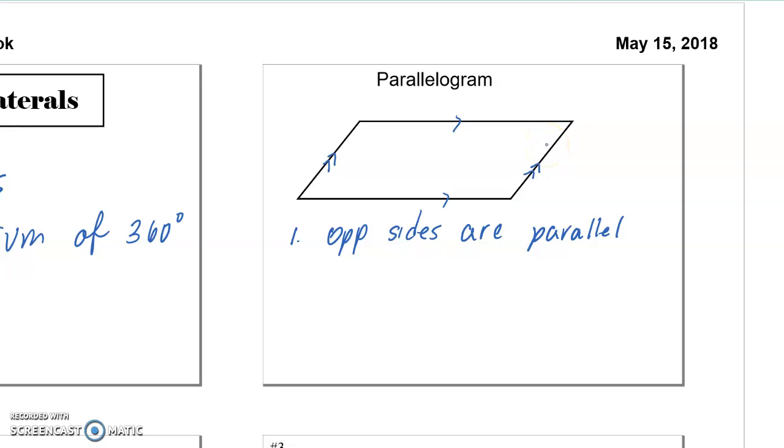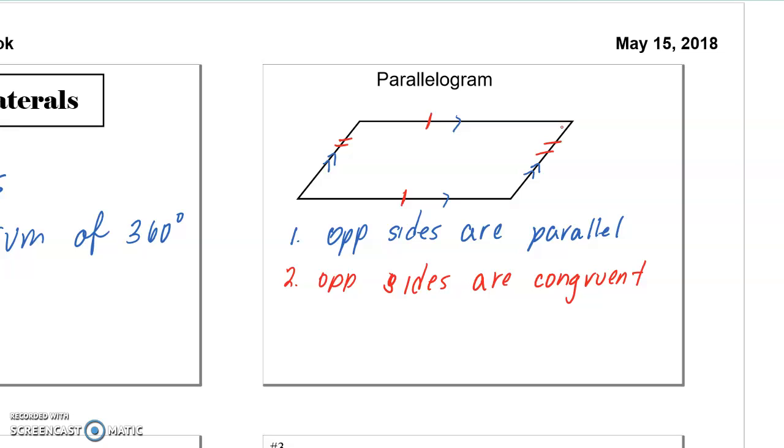Okay. Something else we need to know about a parallelogram is that the opposite sides are congruent. Okay, so when the shape was made, we now know that this side and this side have to be the same length, and that side and that side have to be the same length.